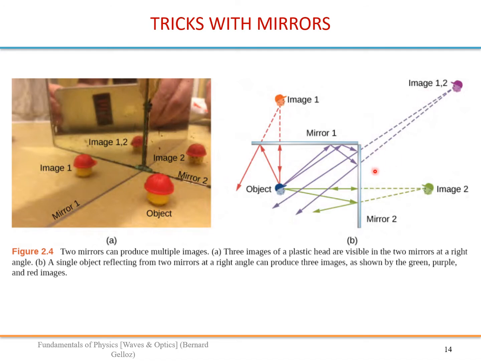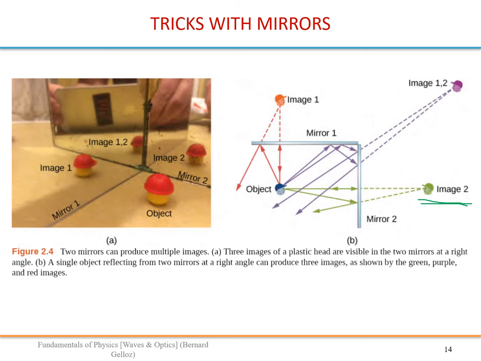And it's easy to see where the image should be, because, so I'm going to use a pen. In fact, you start with the object, you get image 2 by mirror 2.